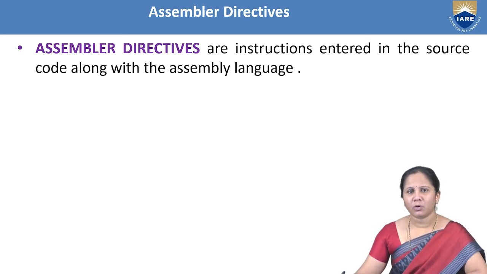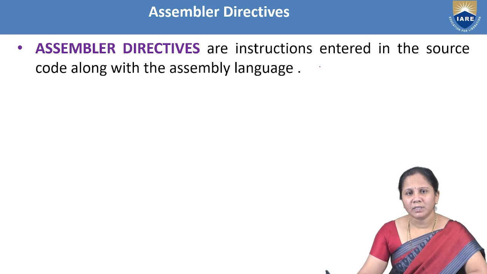They are also instructions that we use while writing assembly level language programs. Generally, while writing assembly level language programming, the instruction set, addressing modes and also assembler directives are very important. So here we need to discuss assembler directives in this session.